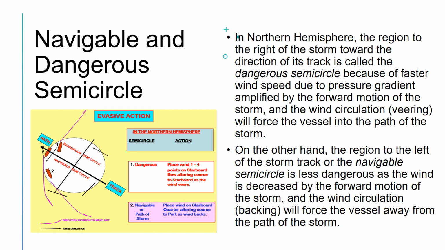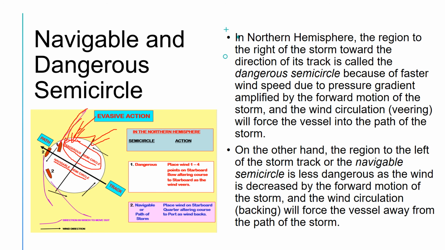So kaya mapapansin natin dito sa illustration, sa left, dangerous semicircle and navigable semicircle. Kaya dangerous ito kasi dito kung saan parang kinakain ni bagyo, or kumukuha si bagyo ng puwersa ng hangin. So, kung kayo ay naririto, makakasama kayo sa kanya.